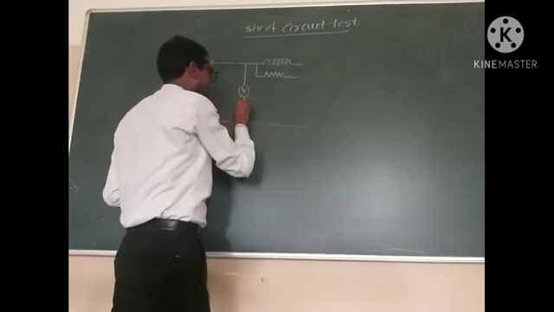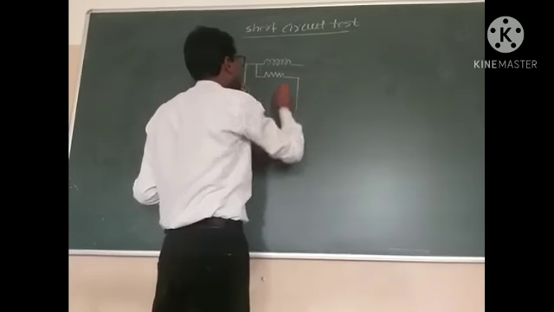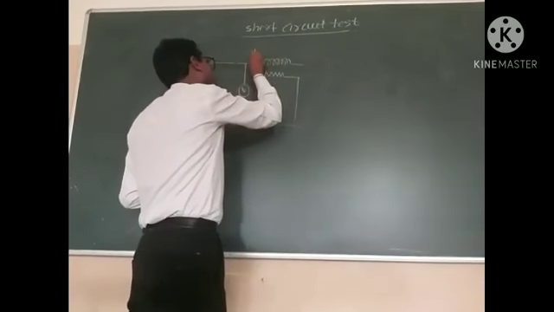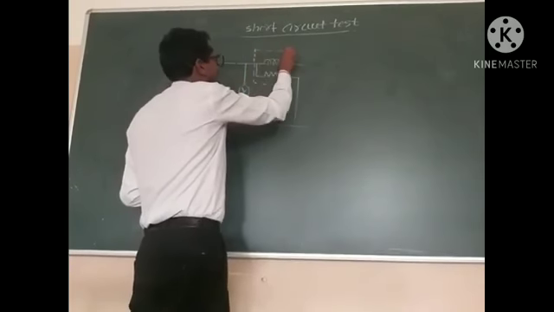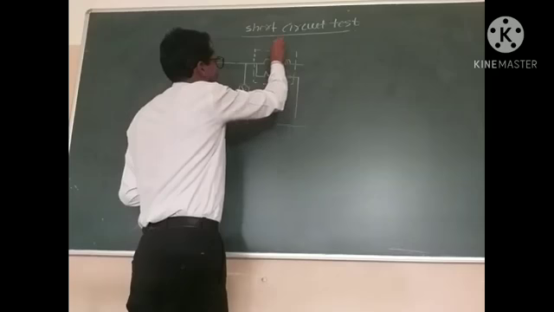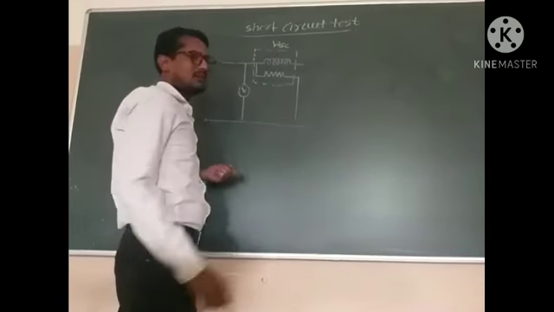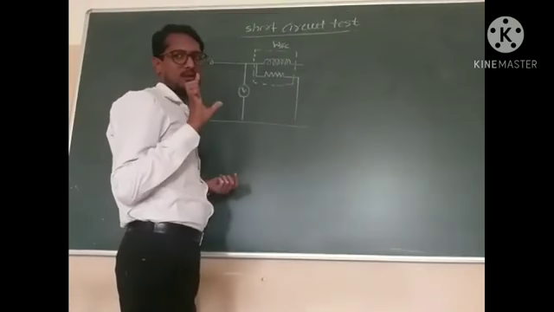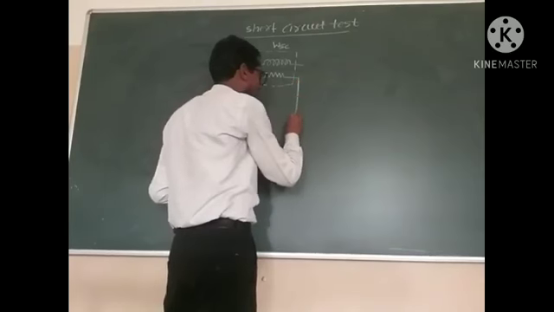We have to connect here one voltmeter. After that we draw here a wattmeter. We mark this wattmeter as WSC. This WSC measures the full load copper loss, or the copper loss of the whole transformer.